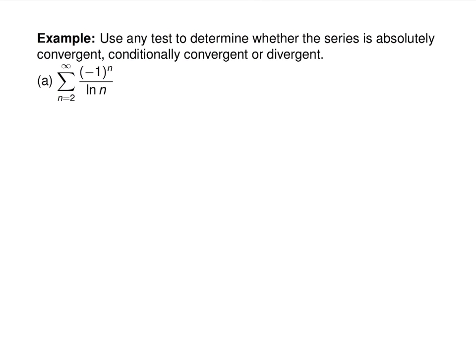Okay. So this guy, what do you think you'd do? The (-1)^n gives you a big hint, doesn't it? What is the hint? No. Alternating series test. That's not going to tell us whether it's absolutely or conditionally convergent. No, it won't. So that's what you use to test for convergence.